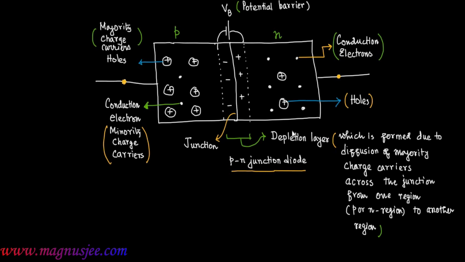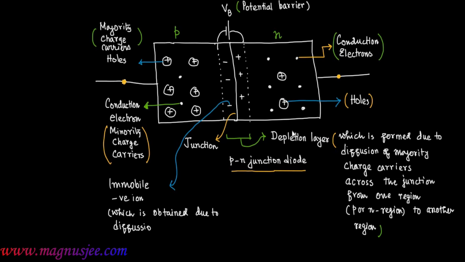And this negative sign is an immobile negative ion, which cannot move. It is obtained due to diffusion of holes from the P region to the N region.